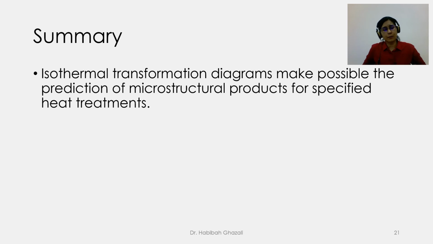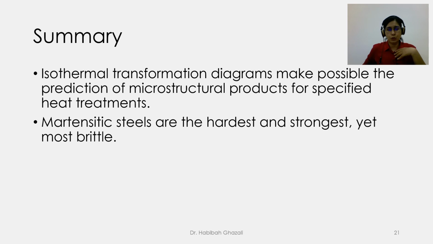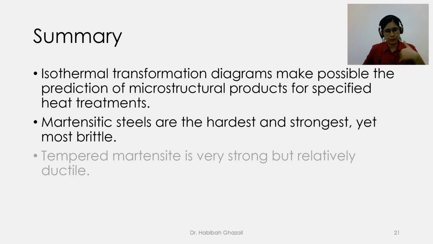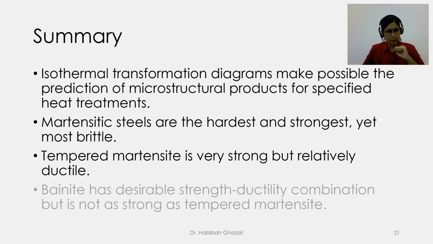what we have learned from this lecture is that the isothermal transformation diagram makes it possible for us to predict the microstructural product for a specified heat treatment procedure. We've also learned that martensitic steels are the hardest and the strongest, and yet they are the most brittle. And we can reduce this brittleness by the tempering procedure.